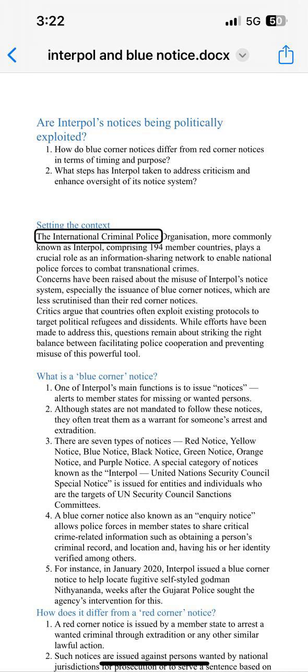Then coming to orange color notice. Orange color notice is the one through which the affected country can warn another country where the offenders have taken shelter, and still there is a potential threat of event, object, process and any other such activities of crime likely to be taking place in that country.